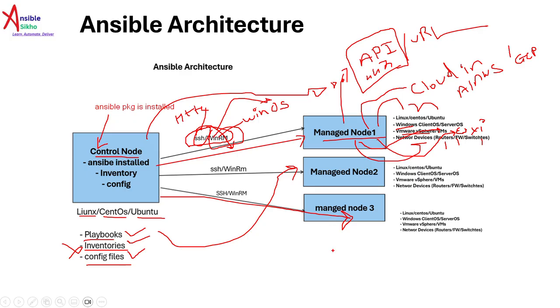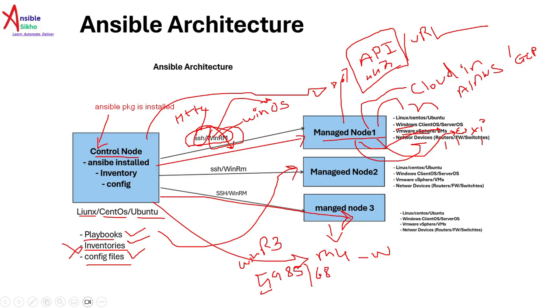If there is another managed node, M4, again it is going to take a connection. If it is Windows-based, it will use WinRM. The WinRM protocol uses port 5985 or 5986. SSH works on port number 22.